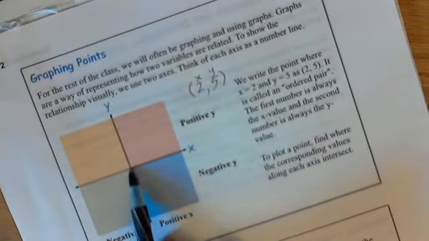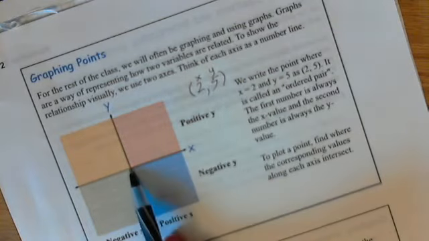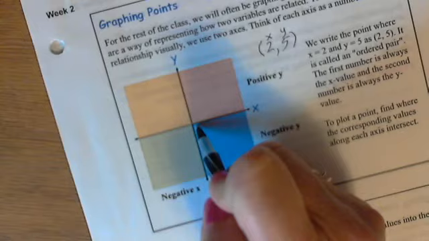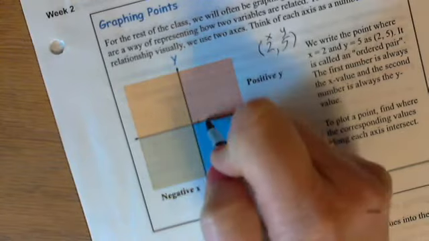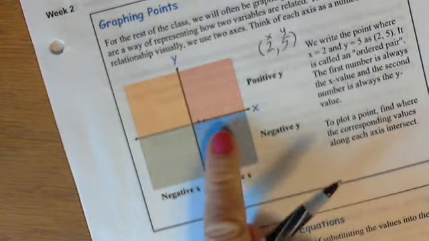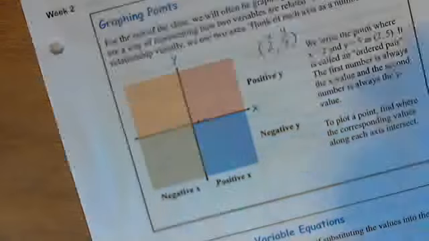So I locate the x-axis. I start with my pencil at 0, and it says positive 2. If the x value is positive, I walk 2 units to the right. Now my grid's a little hard to see, but you hopefully have yours in front of you. If I don't label any of the grid lines on my graph, it's assumed that I'm going by ones.